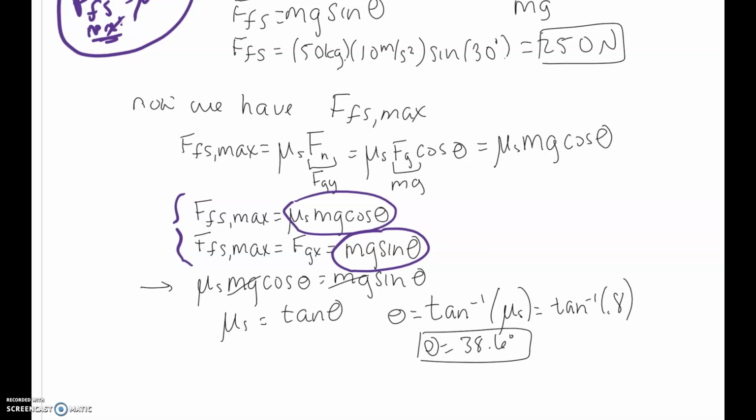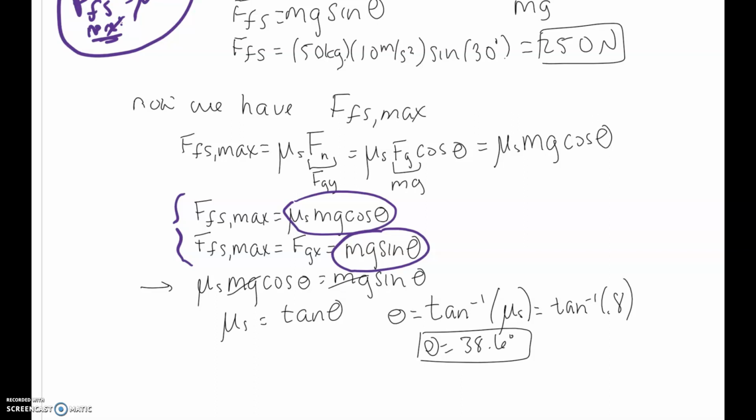What we end up having is mu mg cosine theta is equal to mg sine theta. The weight cancels from both sides, and we end up with static coefficient times cosine theta is equal to sine theta.